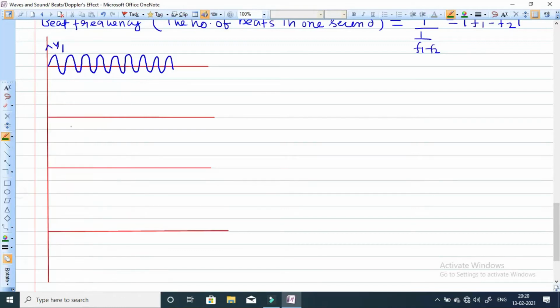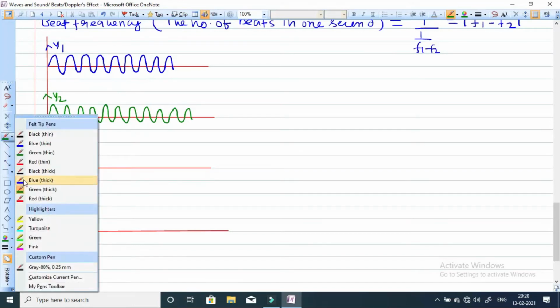A sine wave will be there. Suppose this is y2. Okay, this is your y2. And when they superimpose, this will be equal to y1 plus y2. This will be your y1 plus y2. We can easily plot like this.